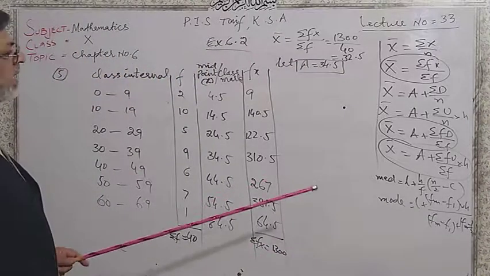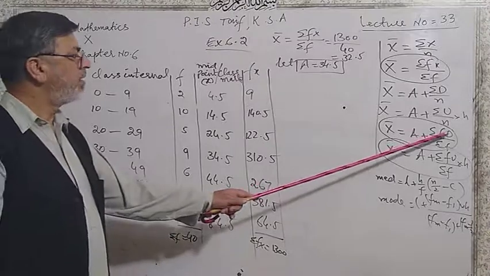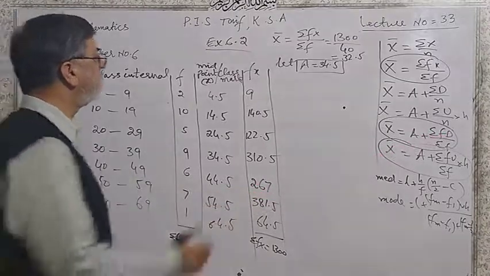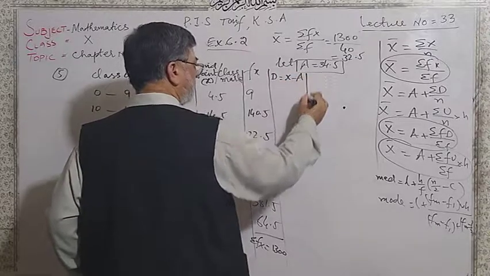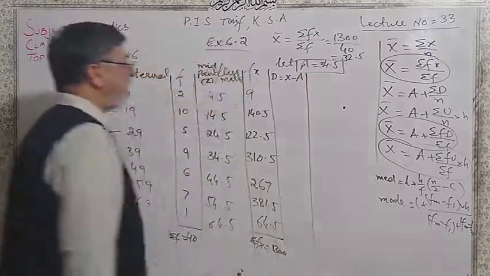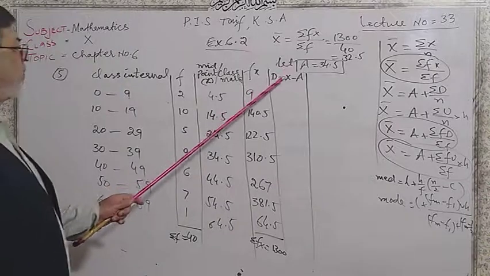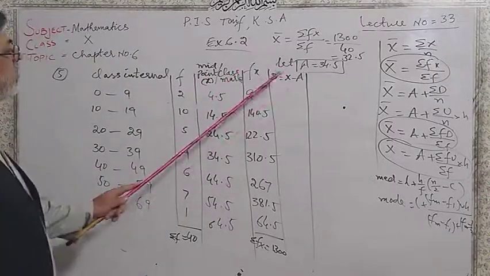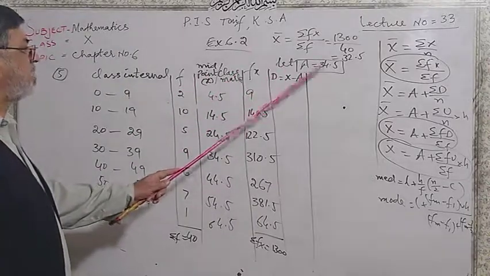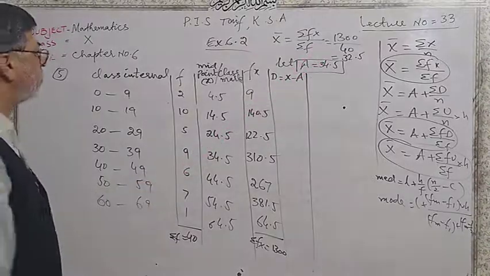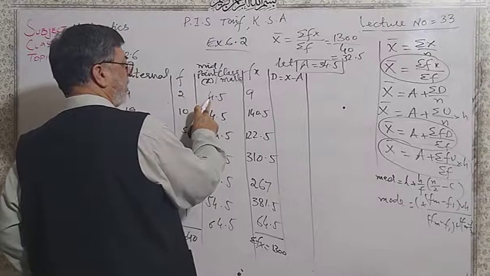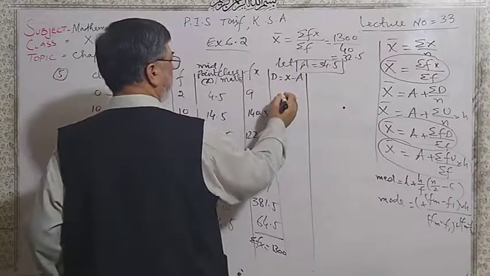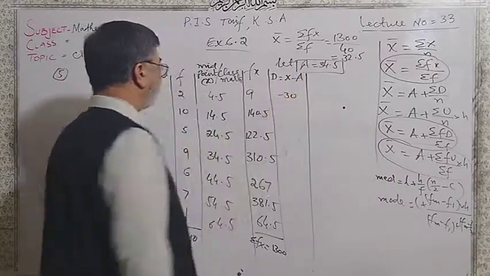After this, we will make the table of column of D. D is known as deviation. Deviation means from every value of x you subtract this chosen value A. So you can have 4.5 minus 34.5, it will be minus 30.